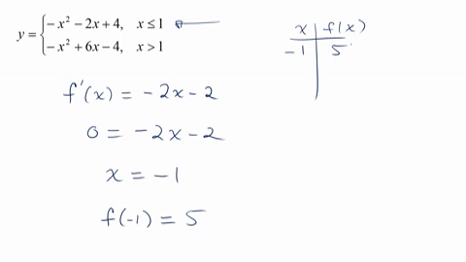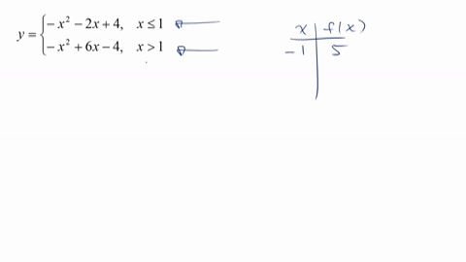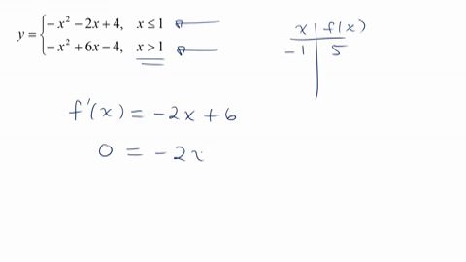Now let's investigate the second condition, when x is greater than 1. When x is greater than 1, our derivative will be negative 2x plus 6. Setting this derivative equal to 0, subtracting 6 from both sides and dividing by negative 2, yields the critical value x is equal to 3.